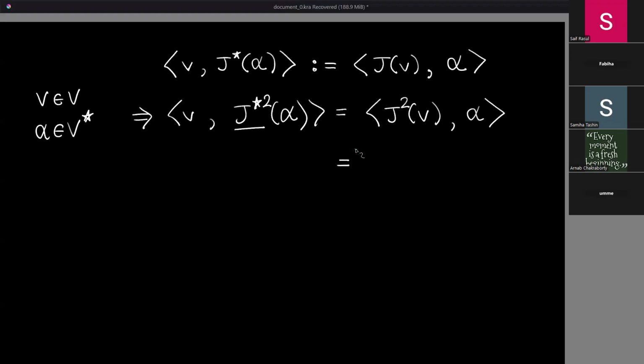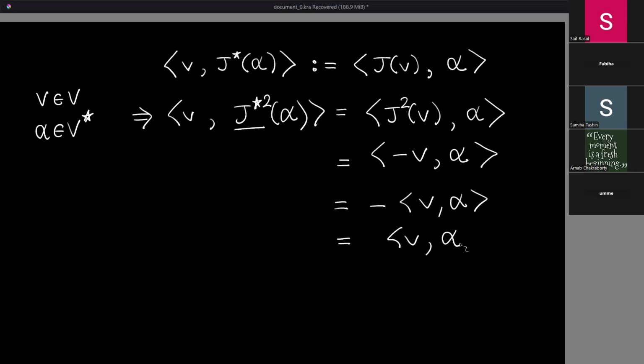We know what J squared of v is, because we know that J is a complex structure on the vector space. Just like i, it will give us the negative. Then we use some linearity properties of the inner product. We pull this minus sign out of the inner product, and then we pull it back into the other side.